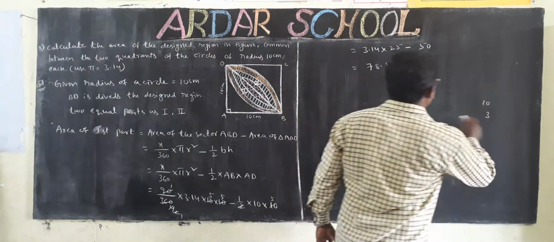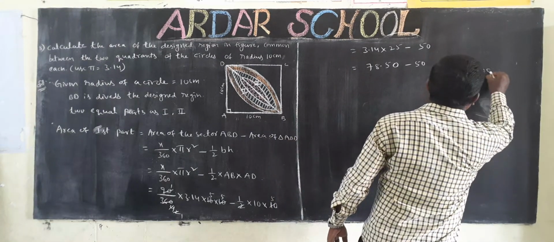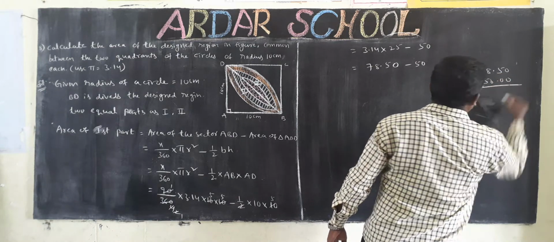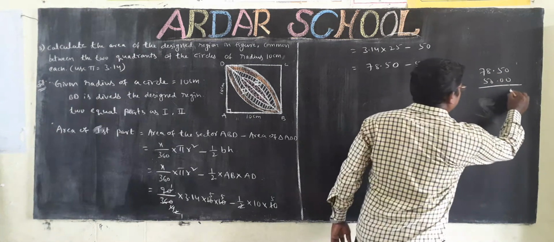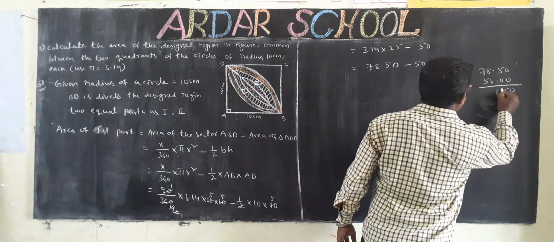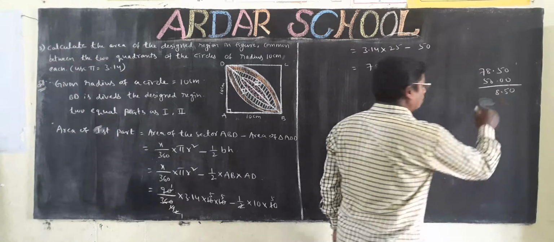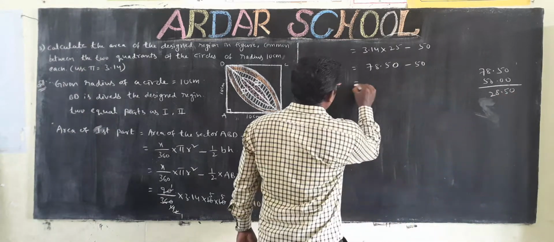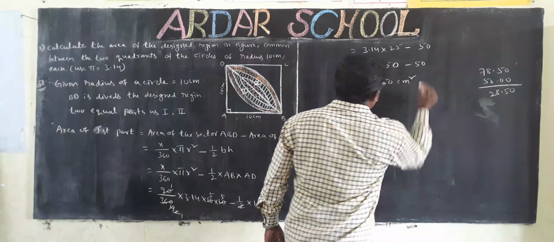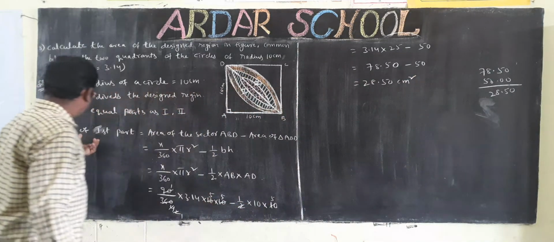Okay. So now we have to subtract these two. 78.50 minus 50.00. 0, 5, 8 minus 0 is 8. 7 minus 5 is 2. That is 28.50 centimeters square. This is the area of the first part.